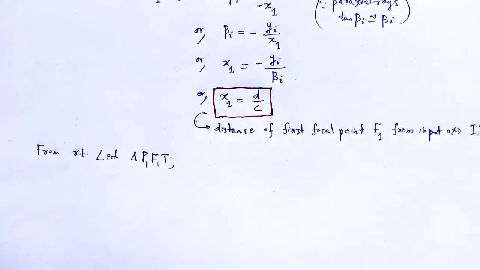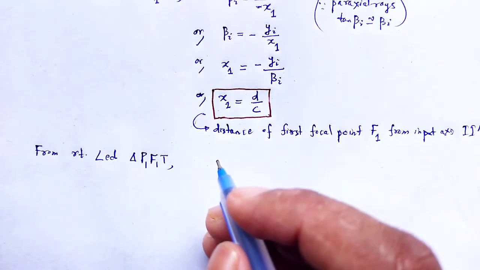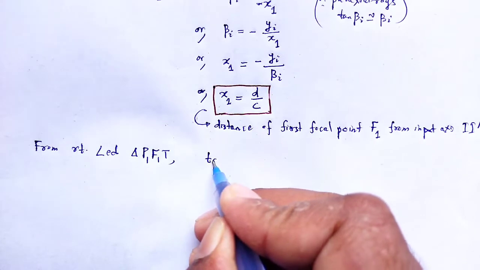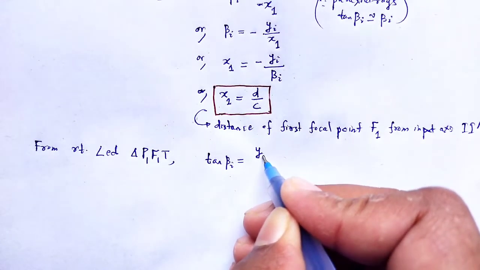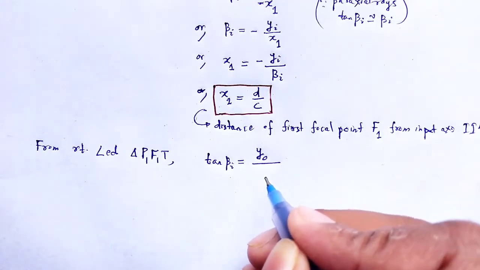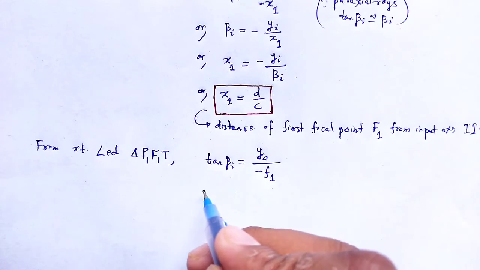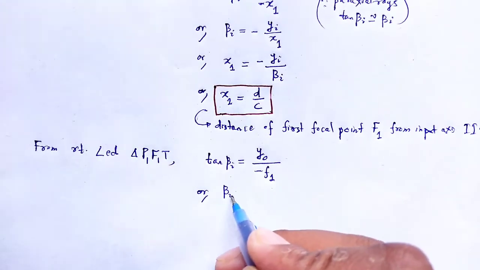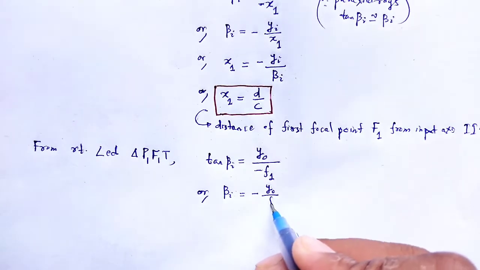So the tan of this angle from that triangle, tan beta i is equal to y naught over the focal length, with the minus sign, minus f1. Again for paraxial rays, beta i is equal to minus y naught by f1.